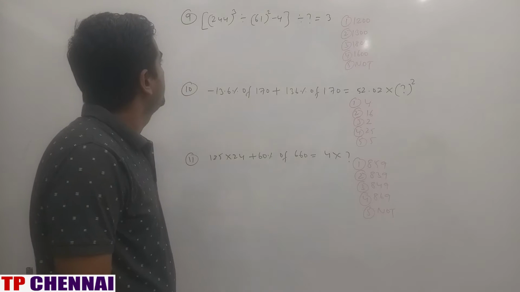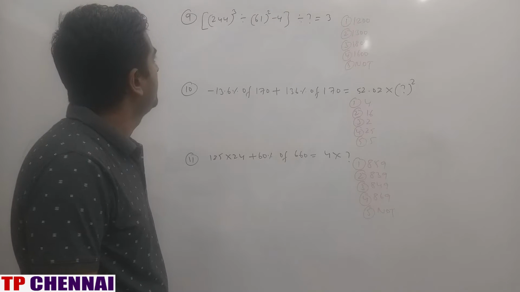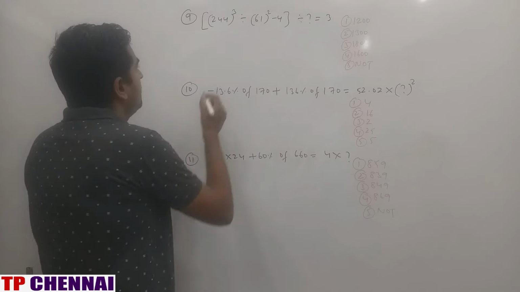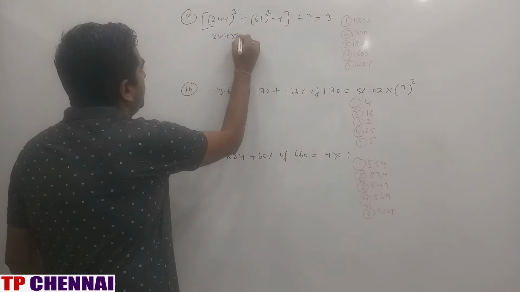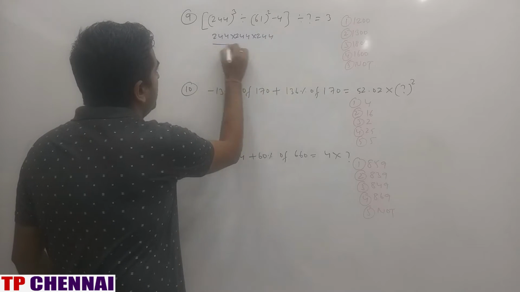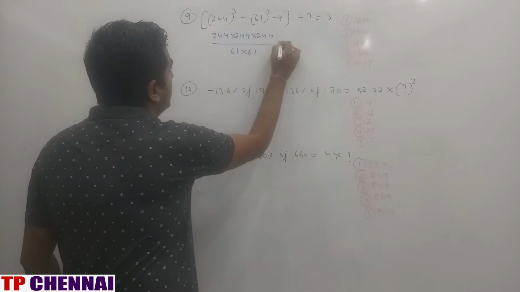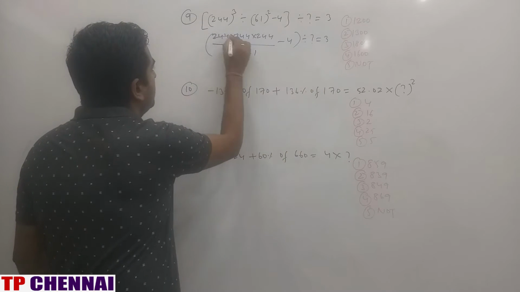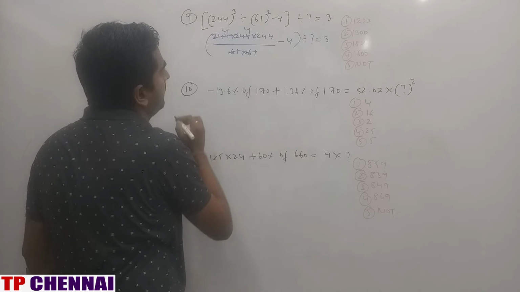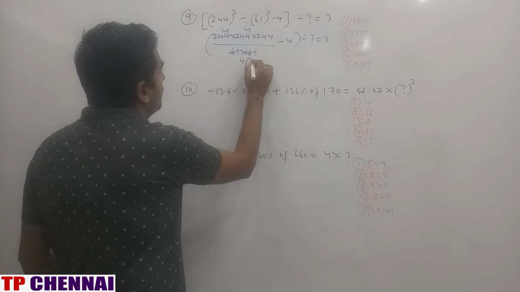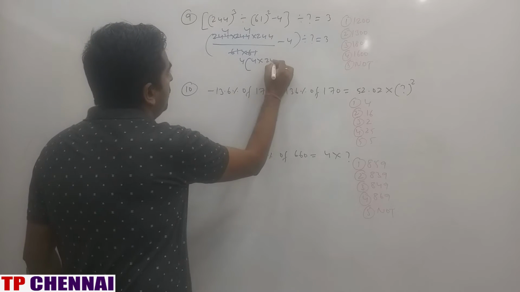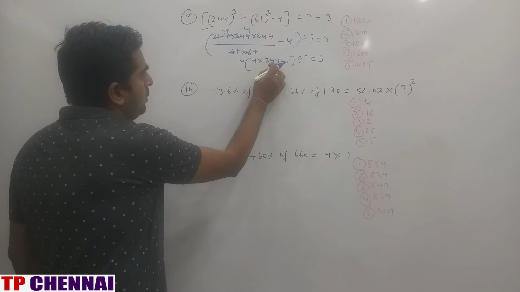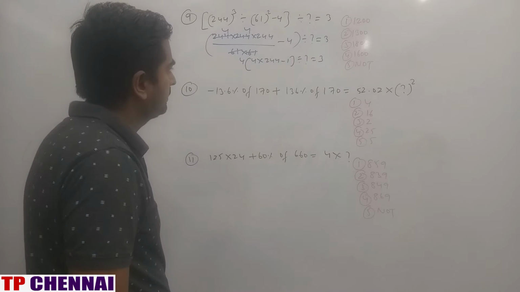First one, inside the bracket 244 whole cube divided by 61 square minus 4 divided by question mark is equal to 3. So quickly we have to solve. 244 into 244 into 244 divided by 61 into 61 minus 4 whole divided by question mark is equal to 3. 61 4s are, 4 common. So take 4 common, 4 into 244 minus 1 divided by question mark is equal to 3. 244 into 4 is how much?